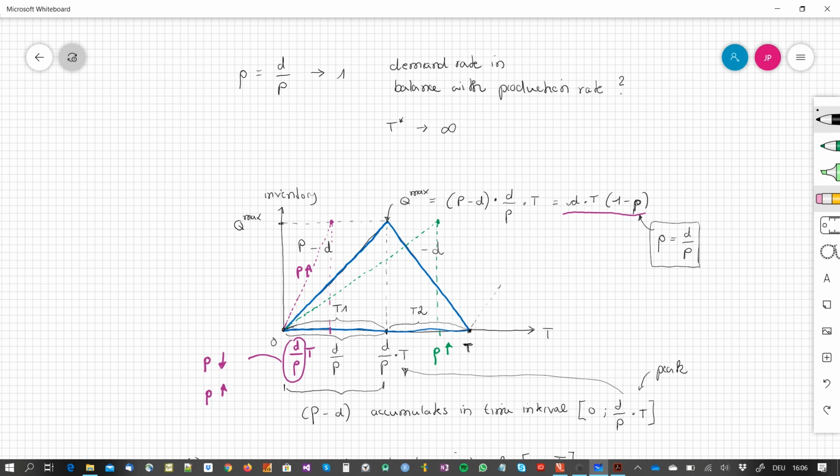We keep on going forever, and that would mean that our average cost in this optimal cycle length would approach 0. Because we do not have inventory, we produce exactly what we take out, and so the balance of setup costs and holding cost would approach 0 in this case.